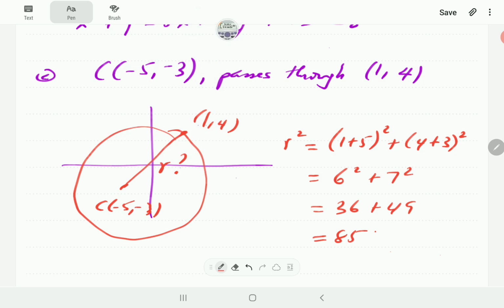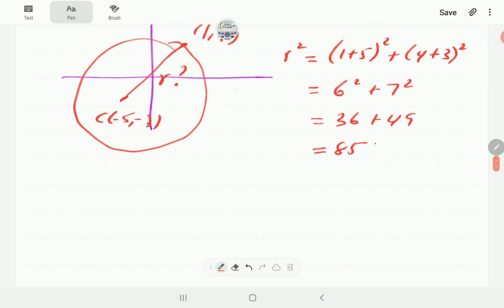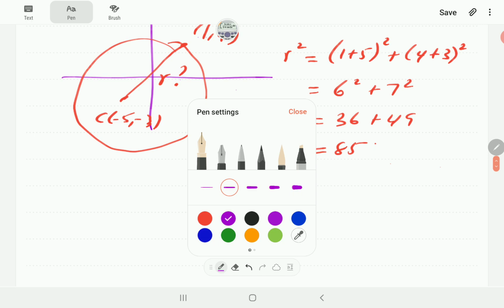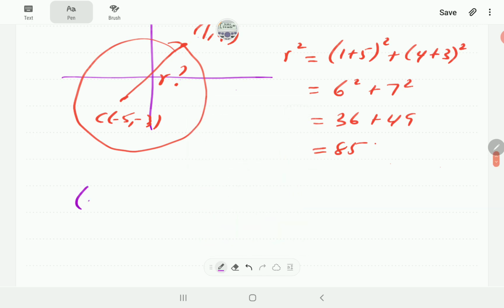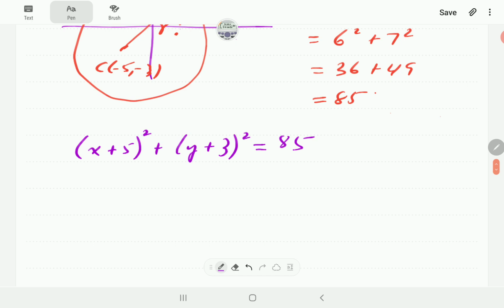So we are now in a position to write the equation of this circle. So we're going to have x plus 5 all squared, y plus 3 all squared is equal to 85.